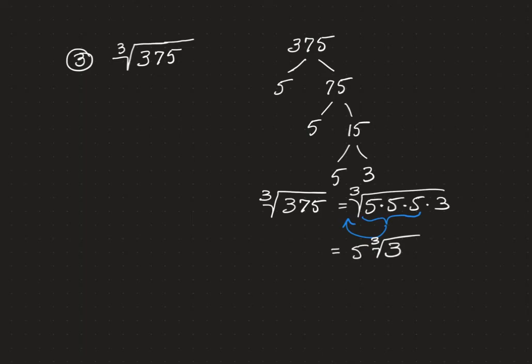So the cube root of 375 equals 5 cube root of 3. Do not drop the index, which is what this is called, the index of the radical, as you're working through the problem. And if on a test you showed me all of this work and then wrote this and put a box around it, I'd be good with that.